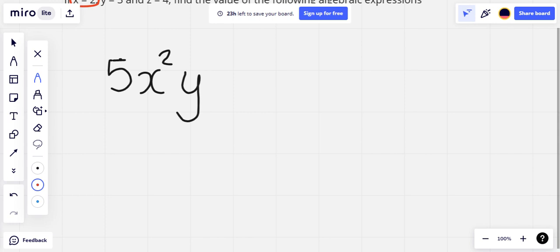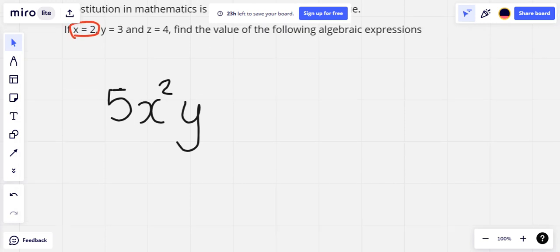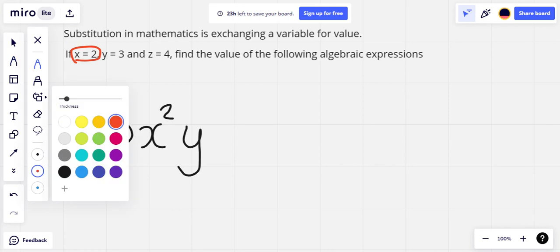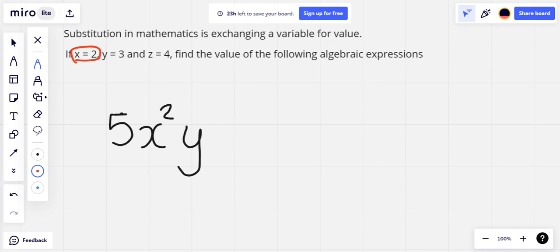Let me just bring this down a bit so we see what we're working with. Okay, all right, let's go. So we have 5, of course, and we are multiplying it by x, which is 2. So it is 2, and we write the square.